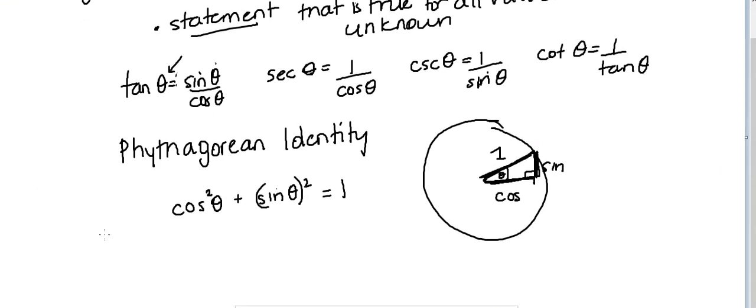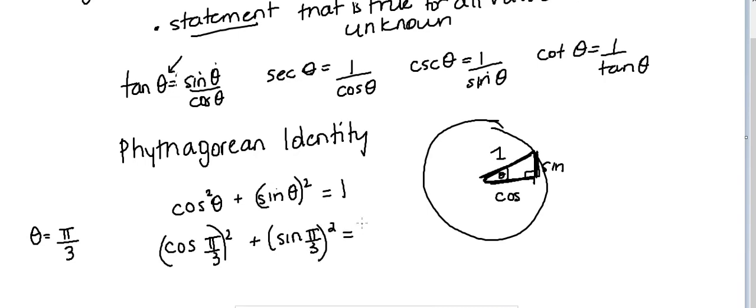Let's say I want to use as my angle pi over 3. So the Pythagorean identity says the cosine of pi over 3 all squared plus the sine of pi over 3 all squared must equal 1.